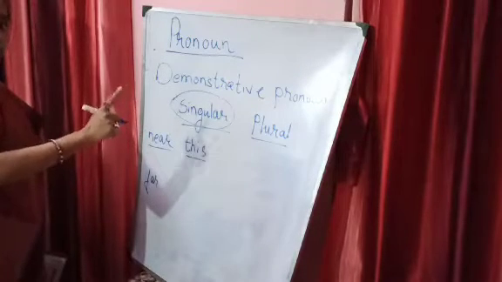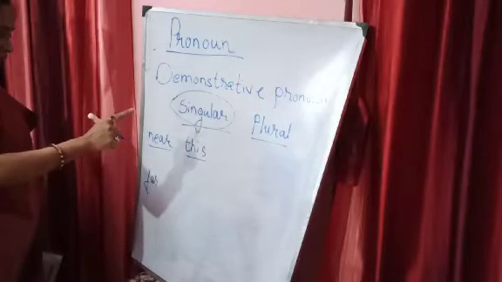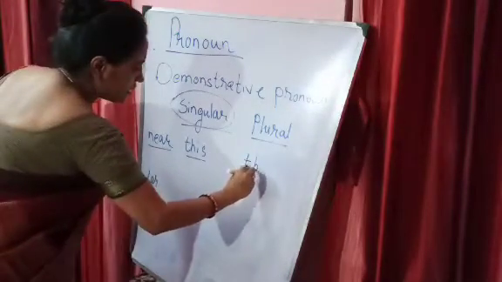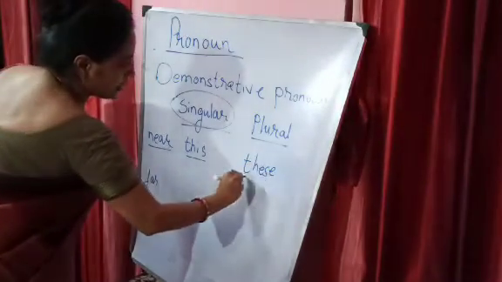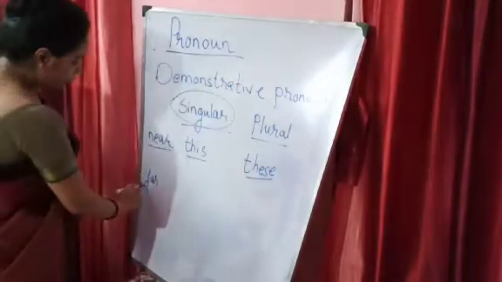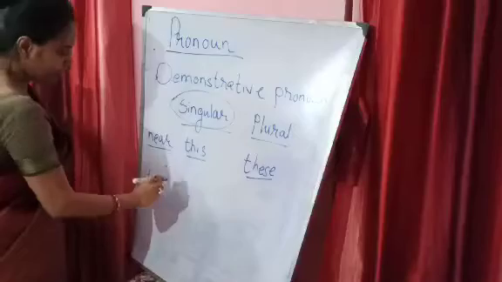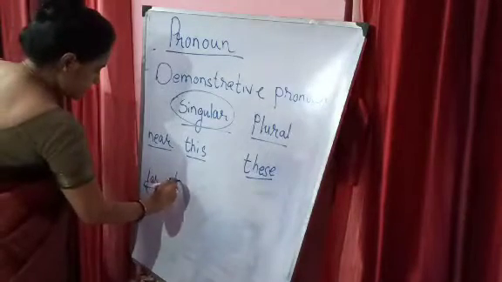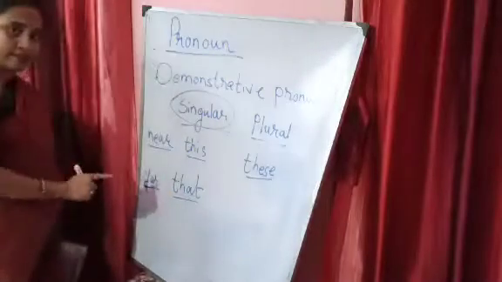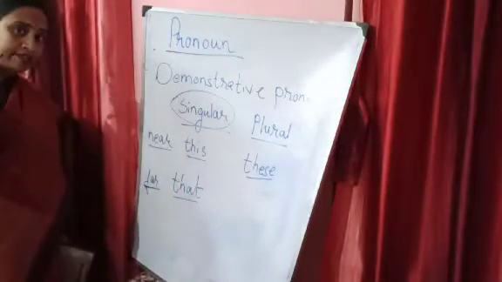When it is in the plural form, near but plural, that is these. T-H-E-S-E. Don't forget this. These. And when we talk about far objects for the singular, then it is that. So it is pointing out that far object.